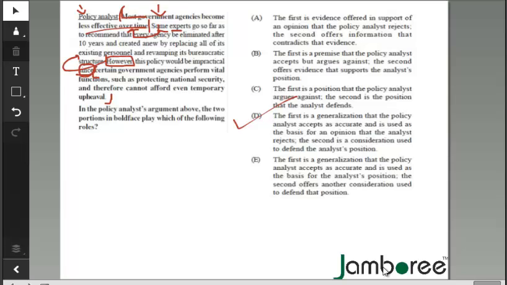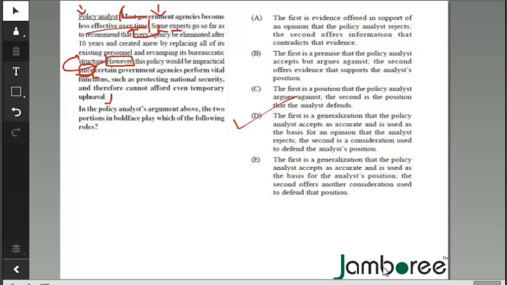Yeah, right. So Gaurav, as a lot of you have said, the author is not arguing against the fact that government agencies become less effective. Throughout the whole paragraph, the author is not saying anywhere that government agencies do not become less effective.